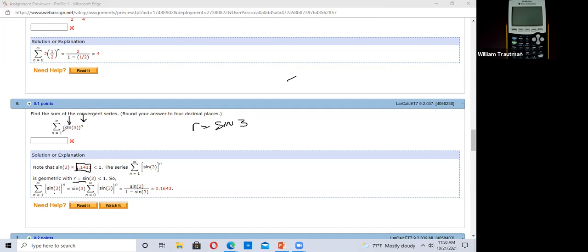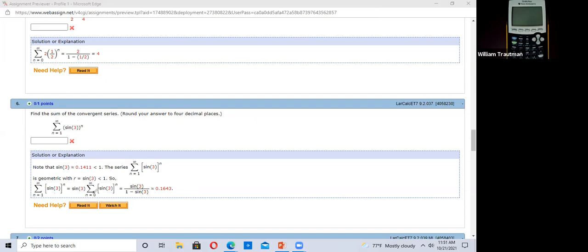But n starts at 1, and we need n to start at 0. So if you put a 0 in here, you end up with, this is a little interesting.